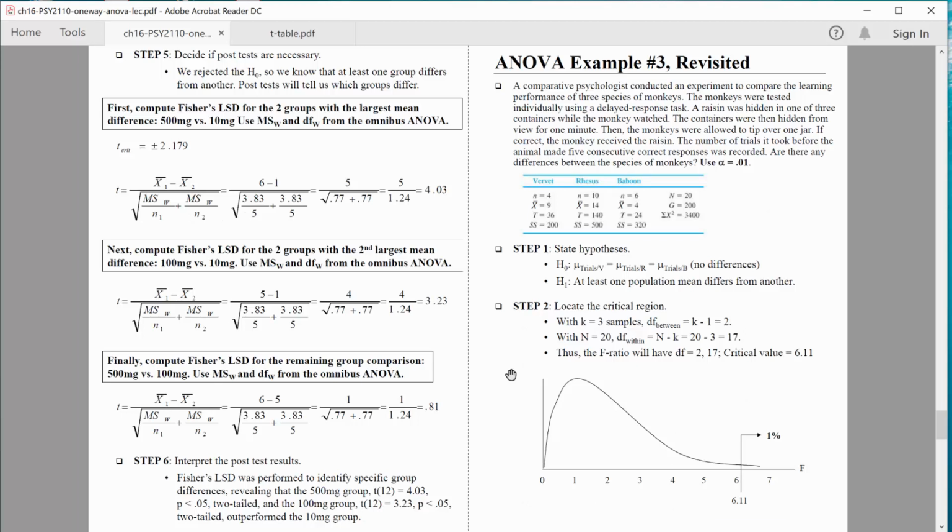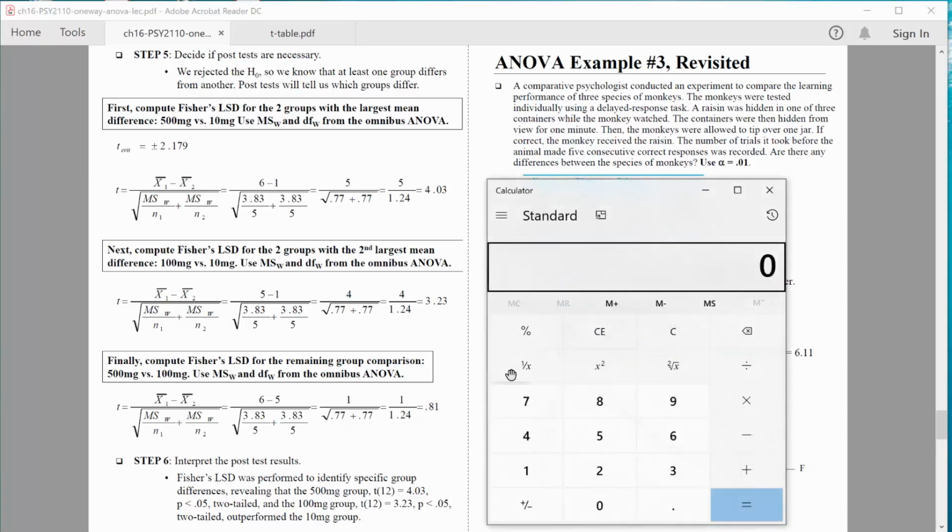So let's do the math real quickly. We'll take 3.83 and divide that by 5. I like to work out each fraction independently and then add them up. So this fraction right here equals about 0.77, and this is the exact same fraction, so we're left with 0.77 plus 0.77.